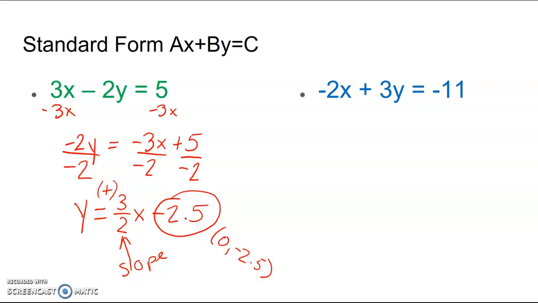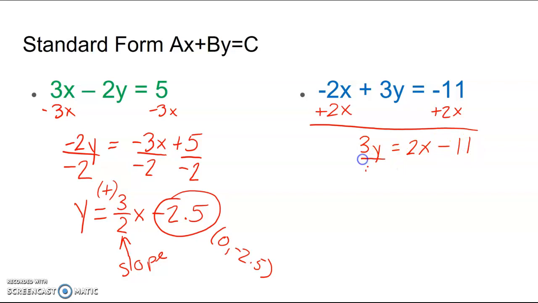Let's look at this next one. We want to isolate the y. So we want to get rid of this x term first. So let's add 2x to both sides. That's going to leave me with 3y equals 2x minus 11. I'm going to divide everything by 3.